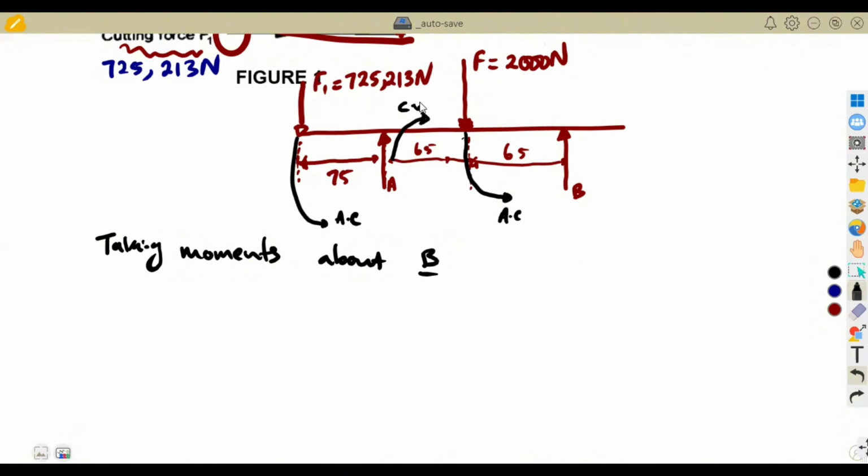So we only have one clockwise. As we know, guys, the sum of the moments in the clockwise is equal to the sum of moments in the anti-clockwise.